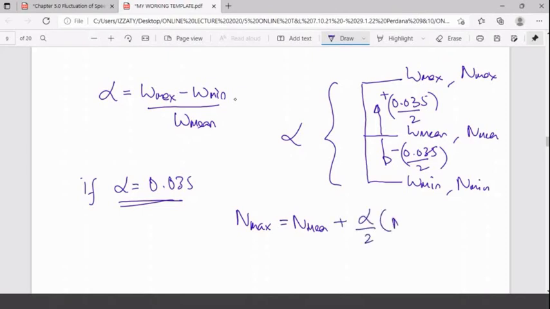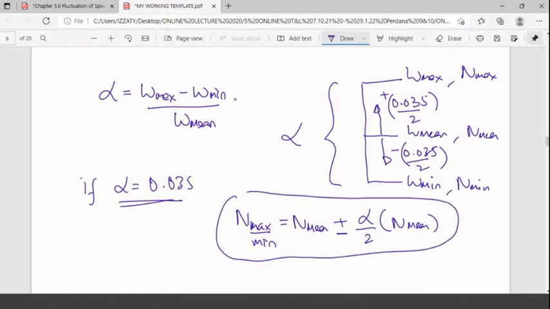This one is n min. Put in negative here for min. Easy, only one equation rather than two equations, with plus and minus. So you'll be getting the result you have here.